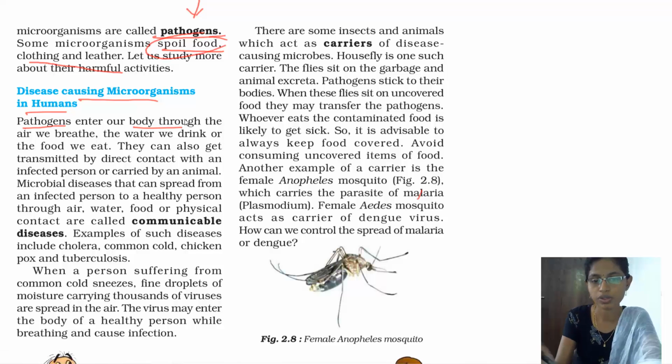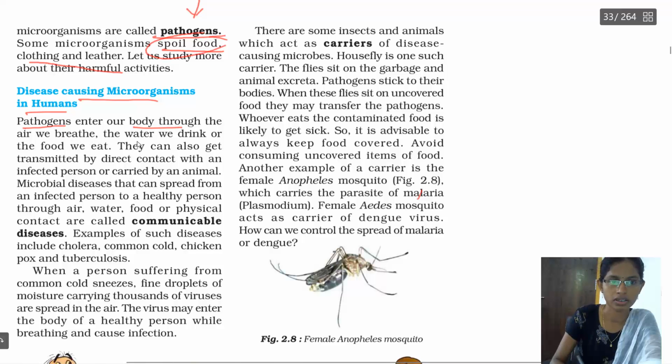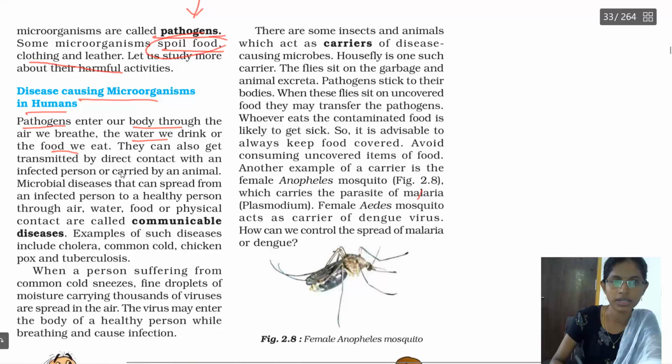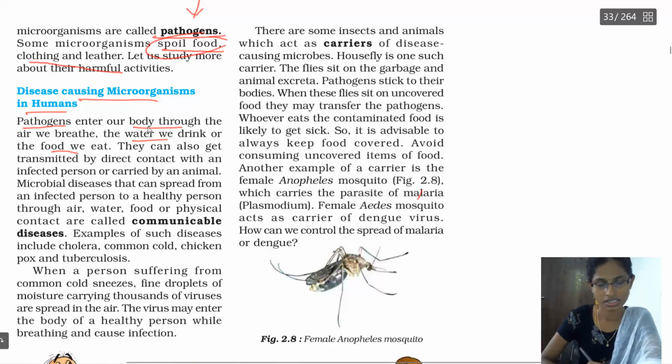The microbes which are present in the air, not only air, but also in water or the food we eat. They sit on food, or they are present in water or in air. Whatever we are breathing, eating or drinking contains microbes, and in that way they enter into our body and then cause diseases to us.